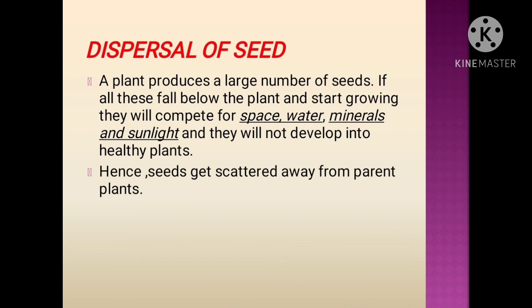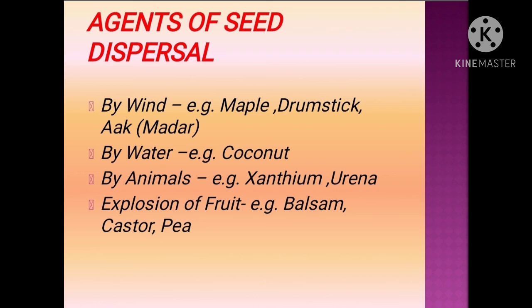Nature has arranged some agents of dispersal by which the seeds of a plant get scattered over a large area. This is called dispersal of seed. The agents of seed dispersal are wind, water, animals, and explosion of fruits.